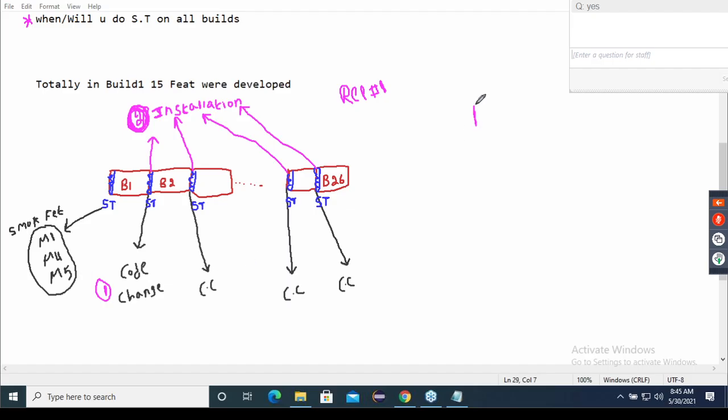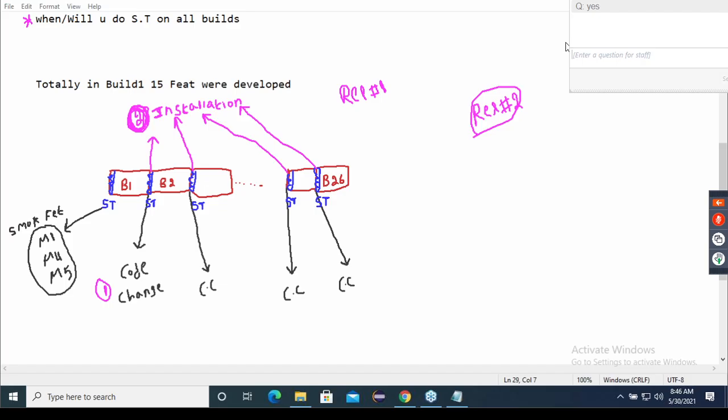In release 2, can these smoke features change? Change means, can new smoke features come into the picture? Simple question I'm asking. Or will it be M1, M4, M5 only?